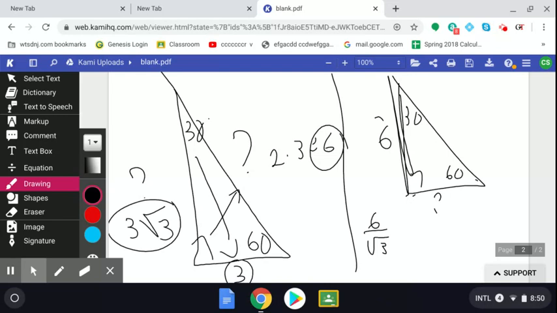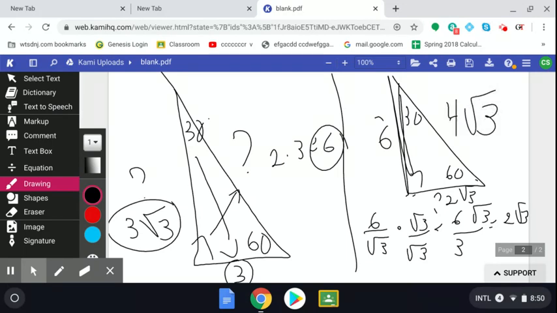So going backwards, you have to divide by the square root of 3. And then you have to rationalize, and you get 6 radical 3 over 3, which is the same as 2 radical 3. And once you have that, to find the hypotenuse, if you were asked to do so, you have to multiply by 2. So you get 4 square root of 3.